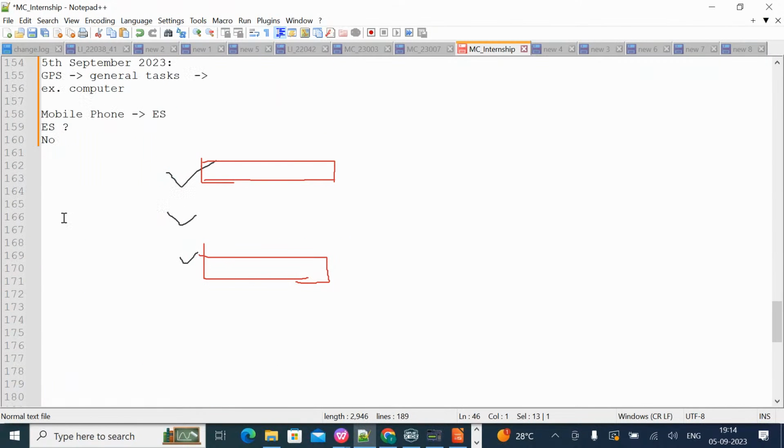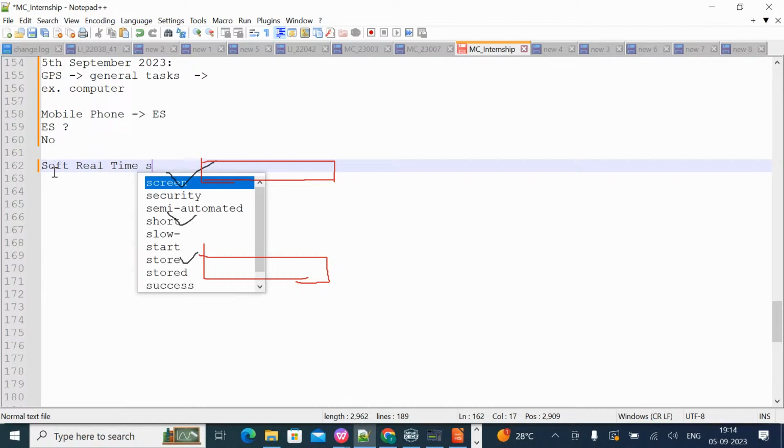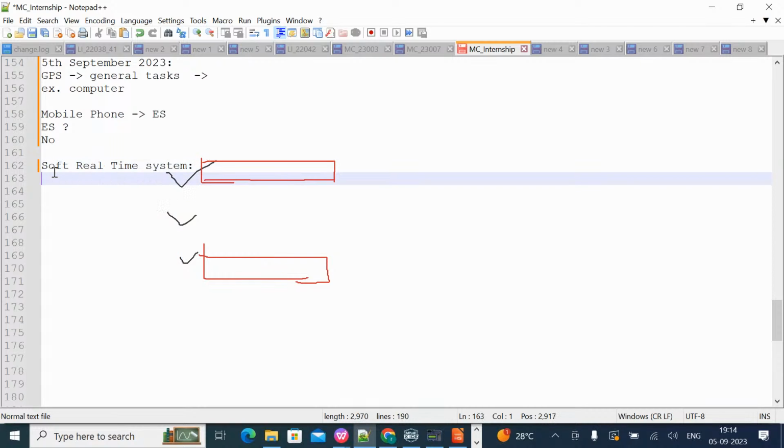If the action is delayed, nobody is going to die. These are not life critical applications, so that's fine.